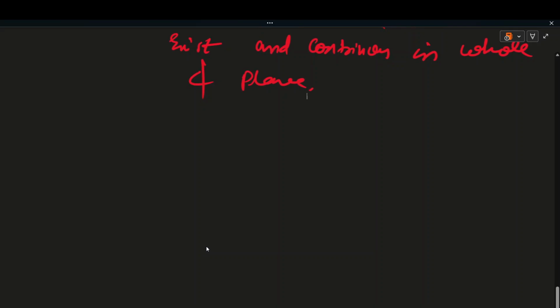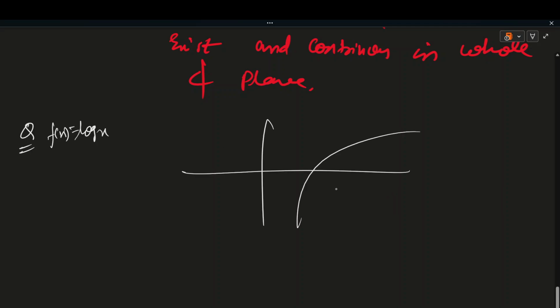Now I will give you something surprising. If I ask for the graph of y equal to log x, you will say this is the graph, and it cuts at (1, 0).